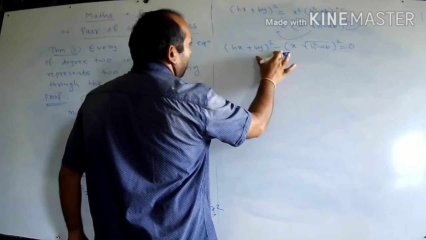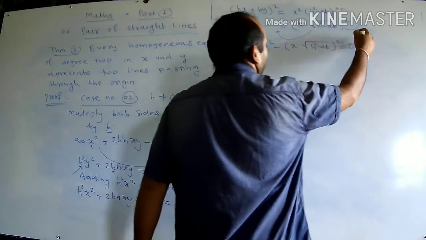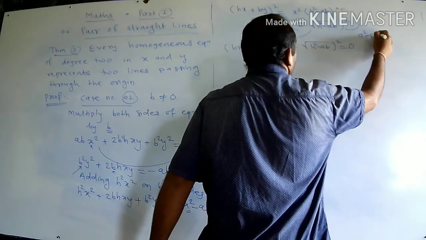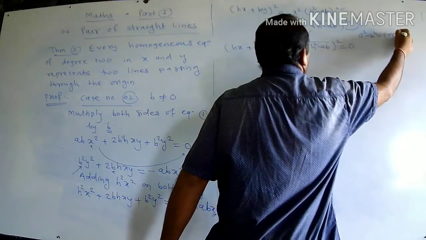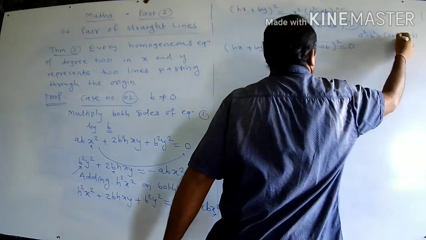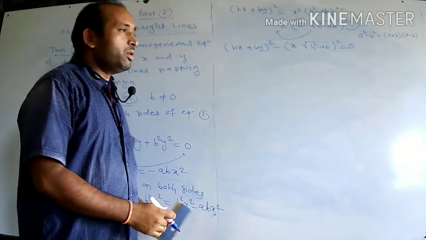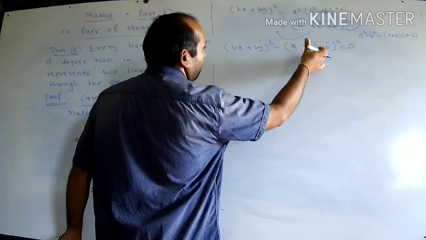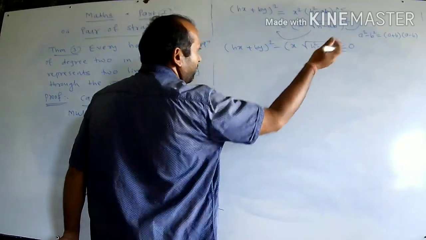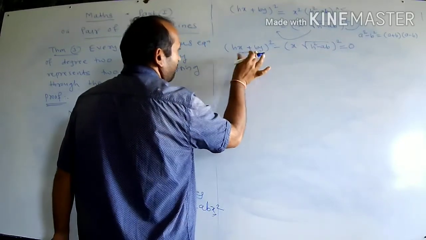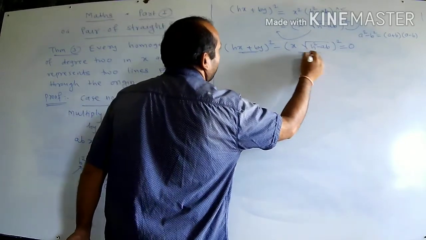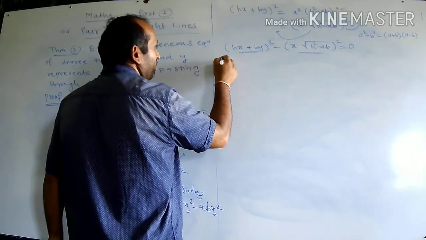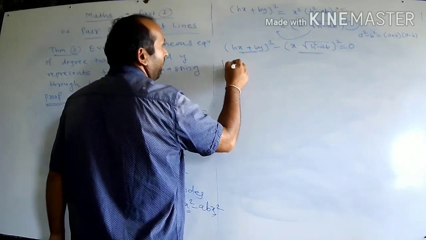Then see the standard form, a square minus b square. Use this formula, a square minus b square. Factors are a plus b into a minus b. This is the formula. So take here the addition of these two terms in the first bracket and the subtraction of again these two terms in the second bracket. Because suppose this is the value of a and this is the value of b.